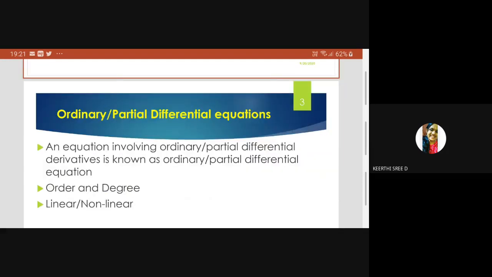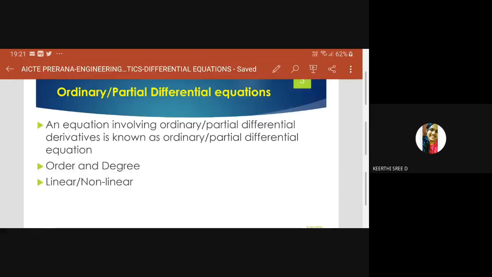So, when it comes to ordinary and partial derivatives, we talk about equations now because the topic is differential equations. Whenever equations come into the picture, we talk about degree.